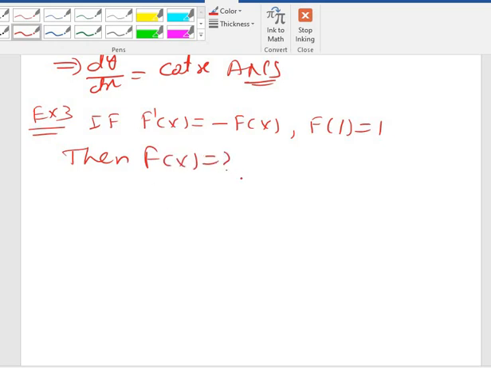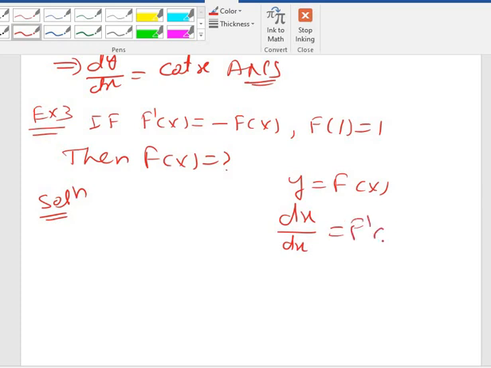So f dash x means, as you know, if y is equal to f of x is given, then dy dx is nothing but f dash x, and y means f of x. So what we have to do? Just we need to solve it.